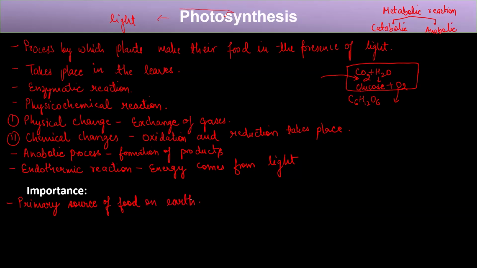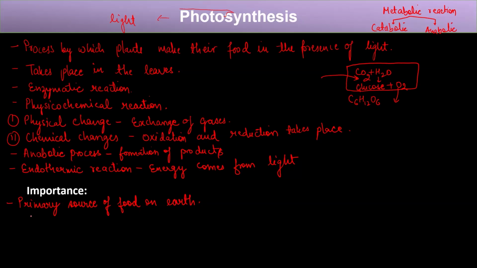Because in our food chain, it always starts with what? Plants, right? If you see around yourself, the plant is the most abundant. And we know that Rubisco, we will come to it later, but we have already seen in the previous class that Rubisco is one of the most abundant enzymes present, right? And that Rubisco is involved in photosynthesis, right?